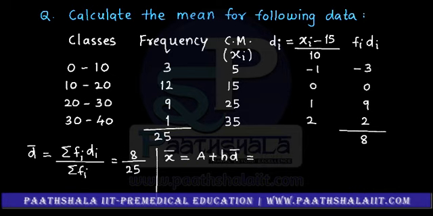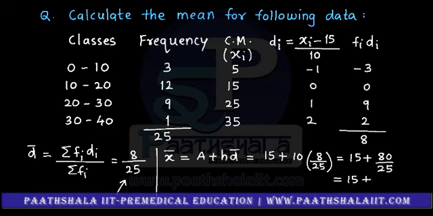A was our assumed mean, that was 15, plus h was the scaling factor, that is 10 here, multiplied by d bar, which turned out to be 8 upon 25. So that is equal to 15 plus 80 upon 25, that is 15 plus 3.2, which ultimately gives us 18.2, and this was the same answer that was obtained by the direct formula also.